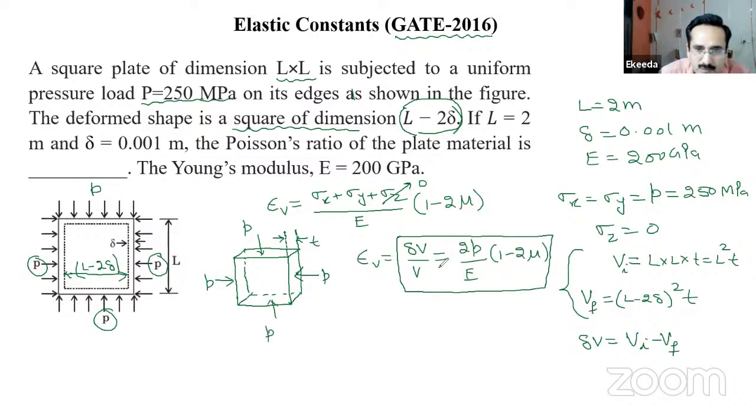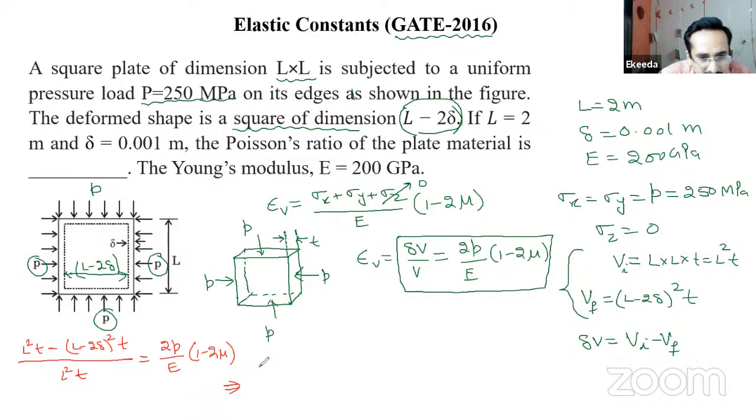So put in this equation the values. Delta V is change in volume, initial volume minus final volume. Initial volume is, I am writing here with red, L square T. Final volume is L minus 2 delta whole square into T, divided by the actual volume, that is L square T, and that should be equal to 2P by E into 1 minus 2 mu. So from here T will cancel out.